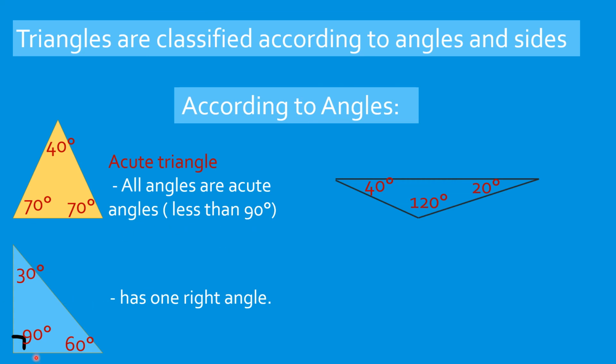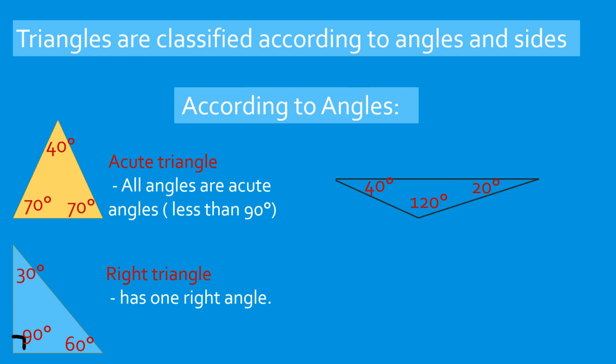What about this one? Here, there is one right angle that measures 90 degrees. And this is what we call a right triangle. And then this one, 40, 20, has two acute angles and one angle whose measure is more than 90 degrees.